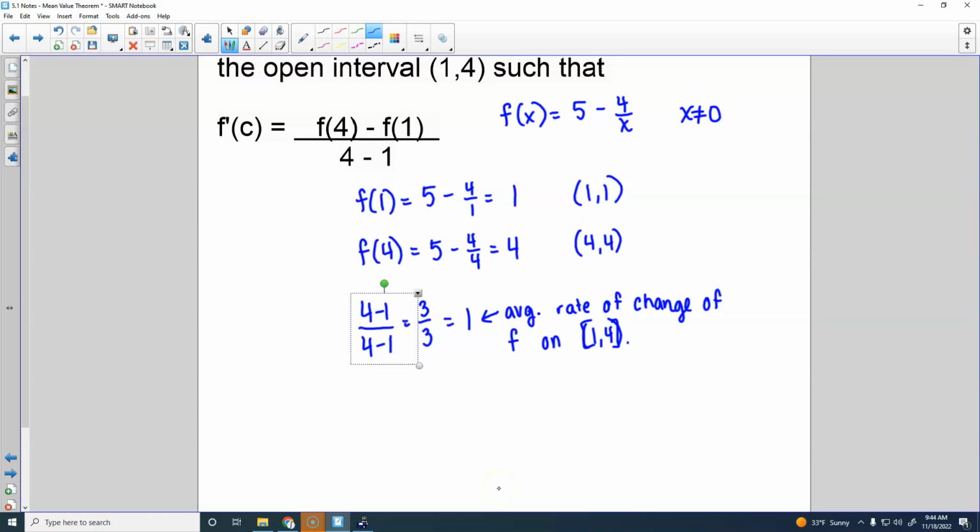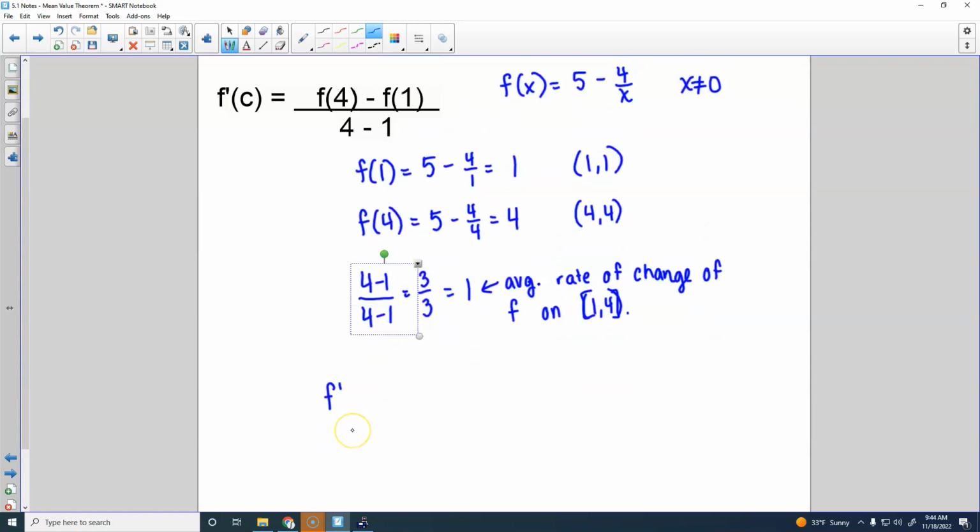To find the c values, I need to set my derivative equal to this 1, which means I've got to find the derivative, right? So I'm going to do f prime of c. They use a c in this, so I'm going to call it c instead of x. What's the derivative of 5? It's 0, it's going to go away. What do I do with the 4 over x?